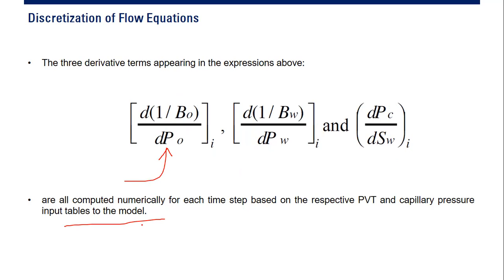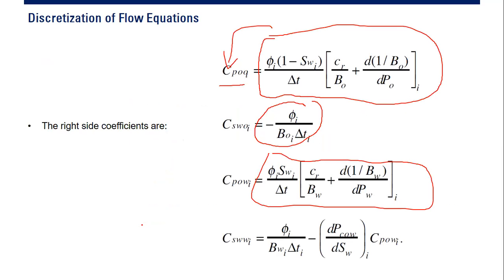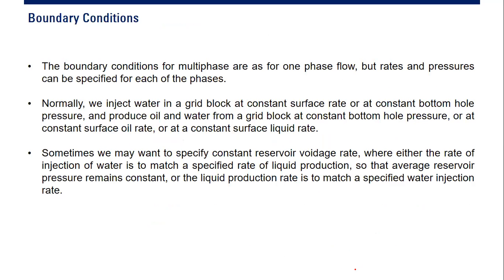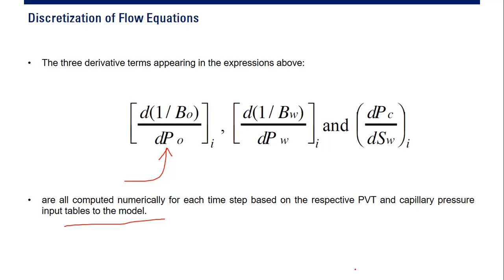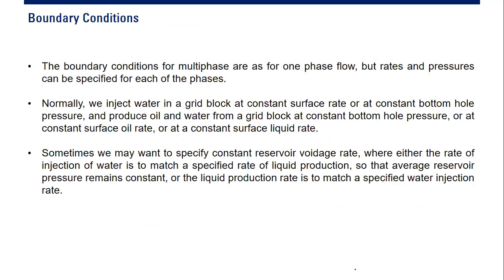So we have PVT data, we have capillary pressure data, and we input that in our reservoir simulation model. These three derivatives will be computed numerically for each time step based on the given data. Here we have one derivative here, one here, and one there. Don't worry, we will compute them using a numerical method. So that's for the flow equation. And of course, to solve the flow equation, we need boundary conditions.